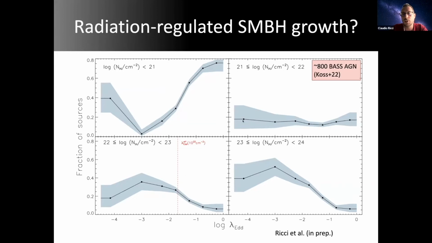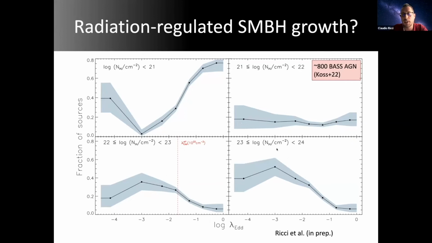Interestingly, such a trend is not observed in the range between 10 to the 21 and 10 to the 22. And this is probably because most of the obscuration in this region comes from the host galaxy and therefore is not affected by the Eddington ratio.